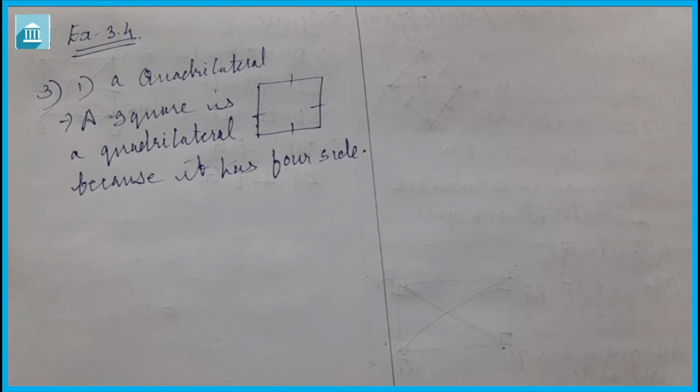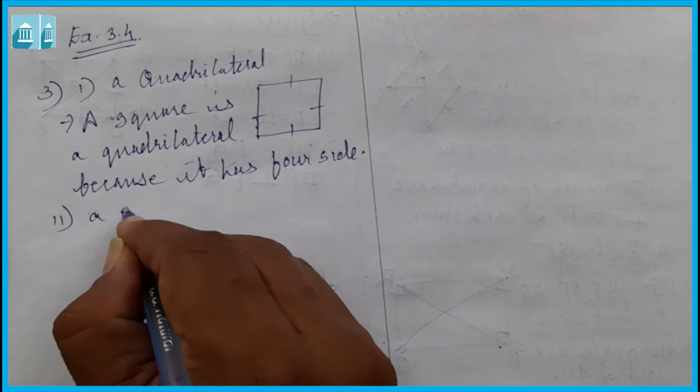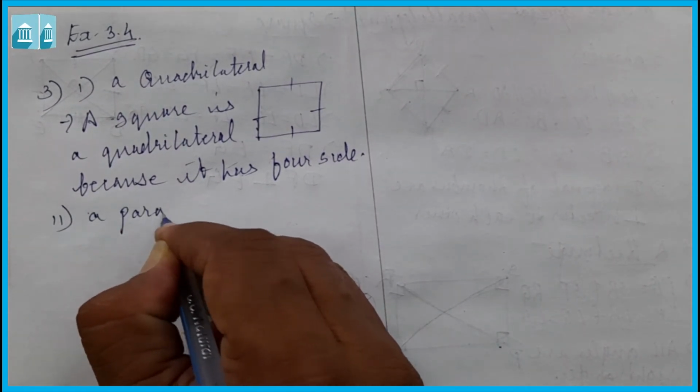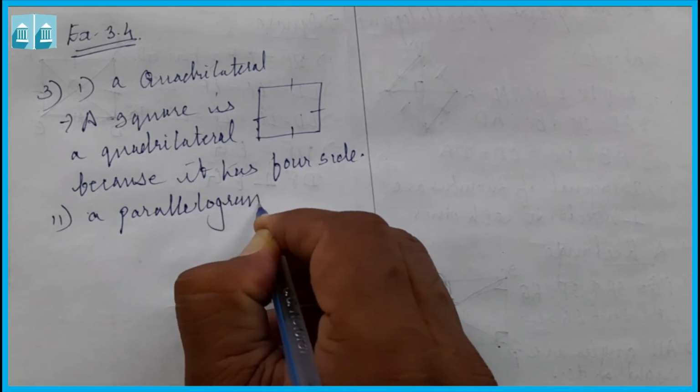Then second is a parallelogram. We have to explain how a square is a parallelogram.